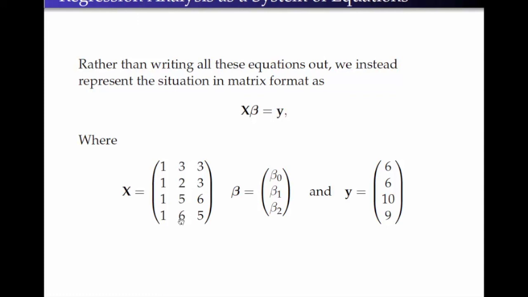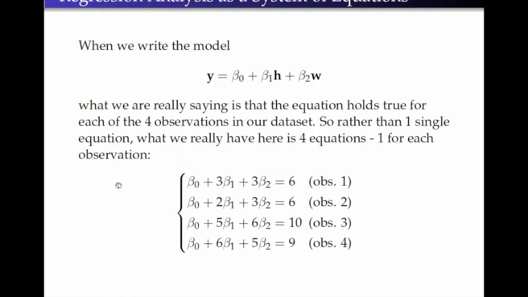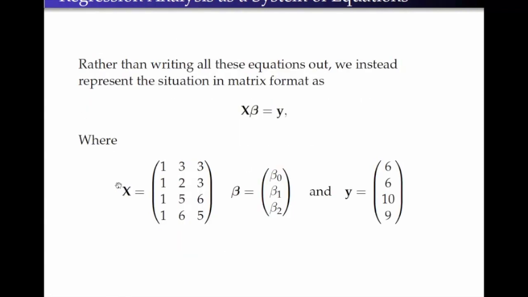So this is the variable height, and this is the variable weight. And so if I multiply this coefficient matrix by the vector of unknowns, the vector of betas, what I'll see is exactly this system of equations. 1 times beta 0 plus 3 times beta 1 plus 3 times beta 2. And I want that to be equal to my target variable, y.